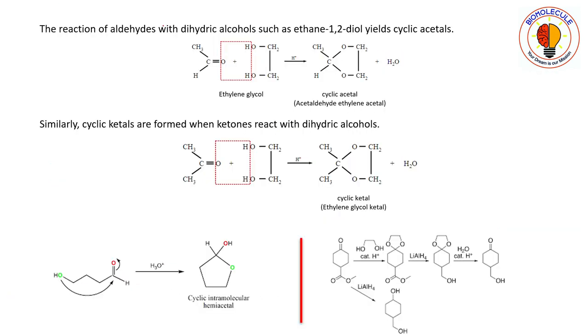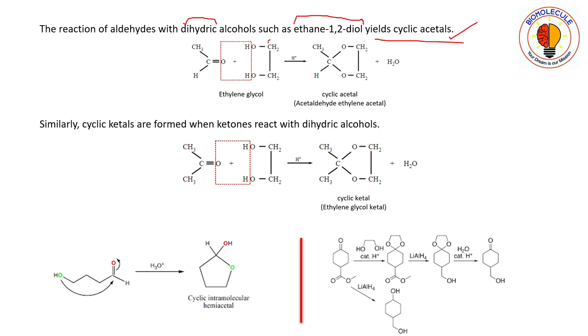Now the reaction of aldehydes with dihydric alcohol. Dihydric means having two hydroxy groups, an alcohol such as ethane-1,2-diol, or ethylene glycol, its other name. It yields cyclic acetals.